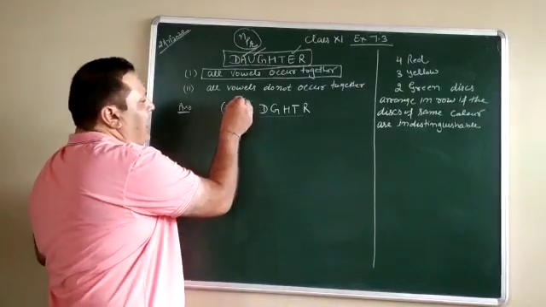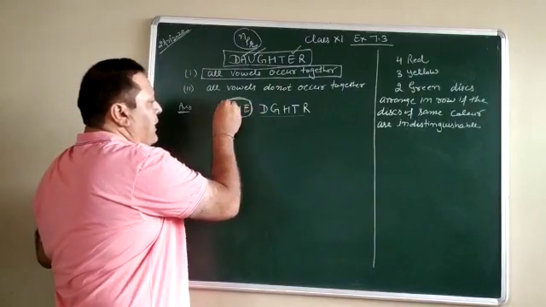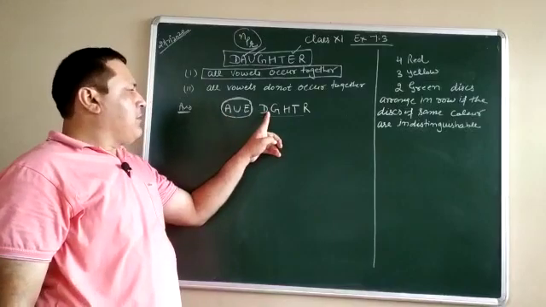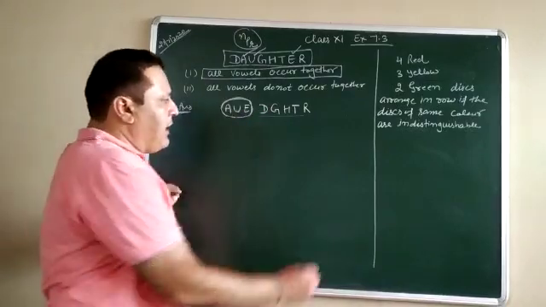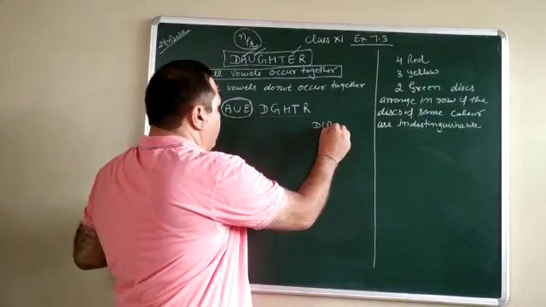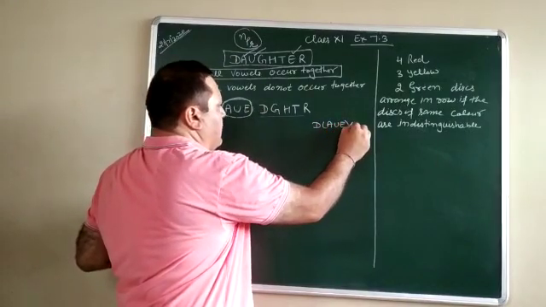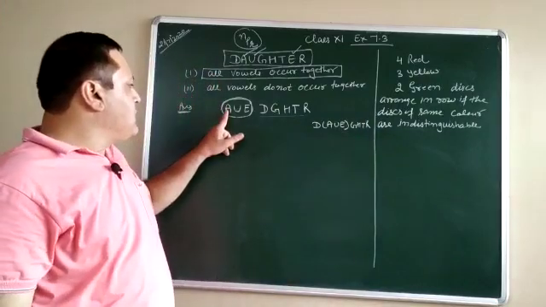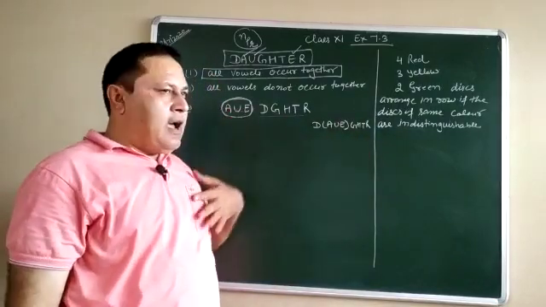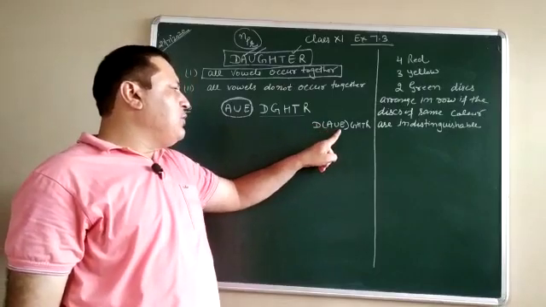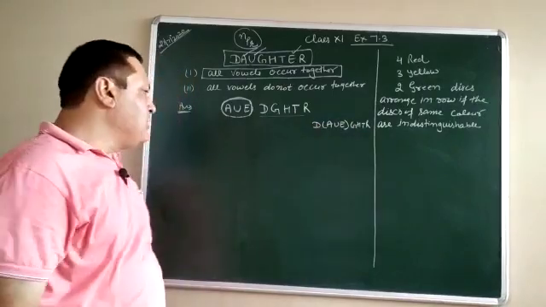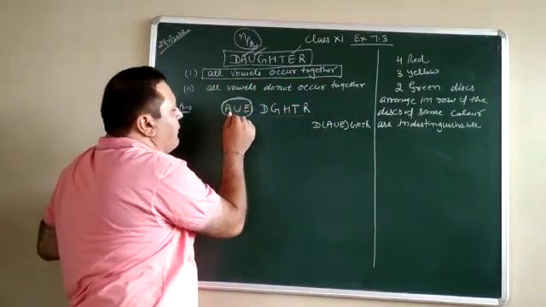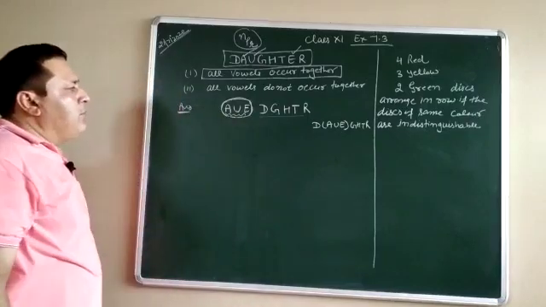If I want to keep this packet of vowels between D and G, I can: D, A, U, E, then G, H, T and R. If I want to arrange this complete packet after T, I can. If I want to arrange A, U, E after H, I can. So vowels occurring together means these 3 vowels always move simultaneously.